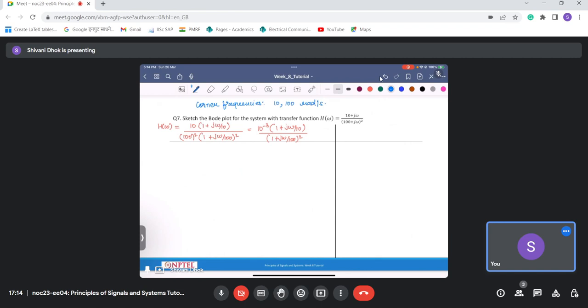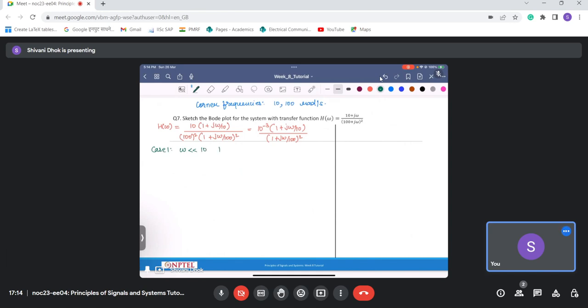Okay, now let us try to consider the cases. Here instead of two, we'll be having three cases because we are having two corner frequencies. So let us look at case 1. Case 1 is when ω is very much less than the first corner frequency, that is 10.